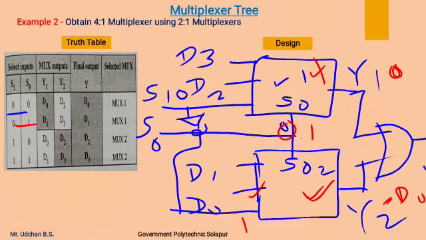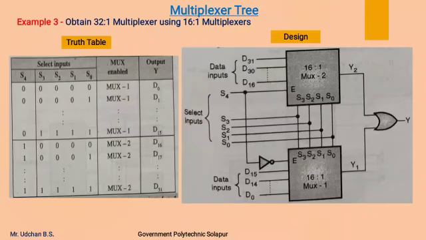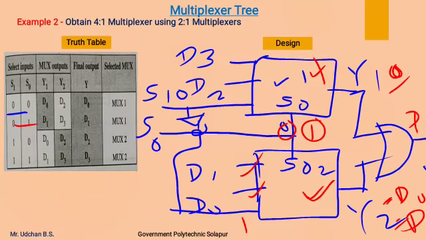We will get Y2 with respect to the status of the select line. Now the select line is at 1, so the D1 line gets selected. We will get Y2 as D1. So from D1 and 0 we will get the combined output as D1 over the output line.